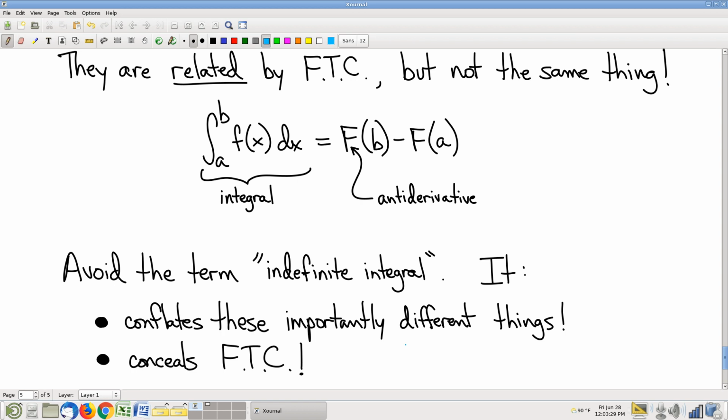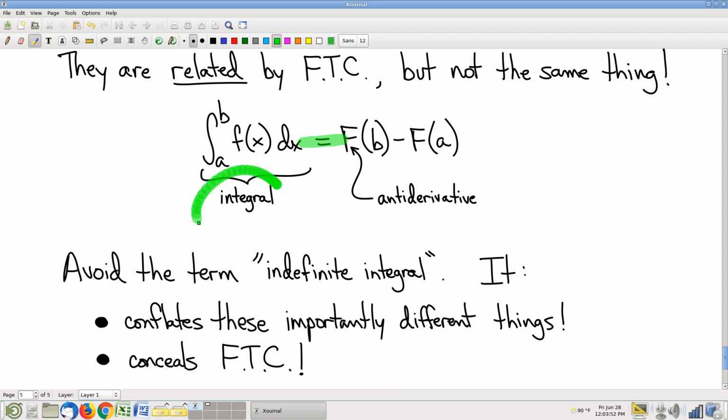Also, and I think this is an equally important point, this terminology, indefinite integral, conceals the theorem itself. One of the amazing things, arguably the shocking thing about the fundamental theorem of calculus, is that there is a connection between two very different things.